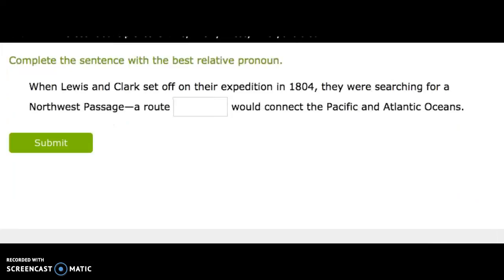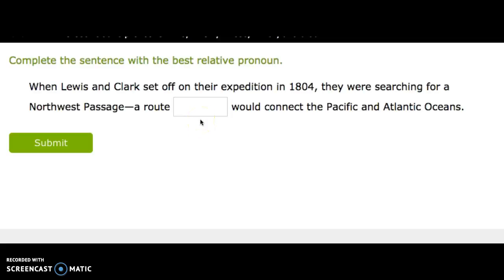Stretch this out. Okay. So in this example, when Lewis and Clark set off on their expedition in 1804, they were searching for a Northwest Passage, a route, and now we have to decide if it's which or that. In this case, it would be that because there is no comma, which means that it's essential to the sentence.